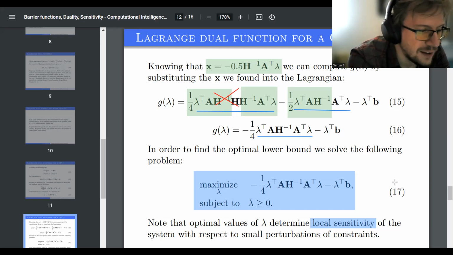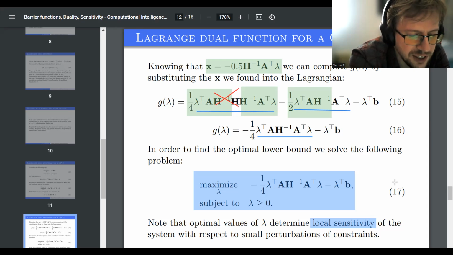Sensitivity tells you how much the optimal value of your problem depends on your constraints. If your solution does not lie on the boundary, it doesn't matter; your constraints have no influence on it. But if your solution does lie on the boundary, one of the constraints is going to have a very big influence on the solution, and the others are not.